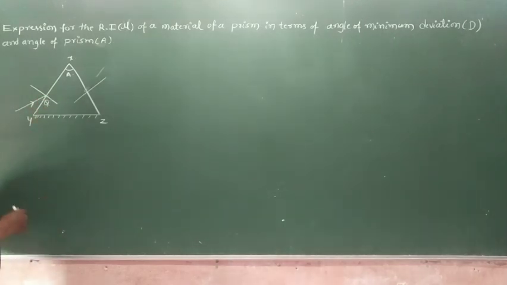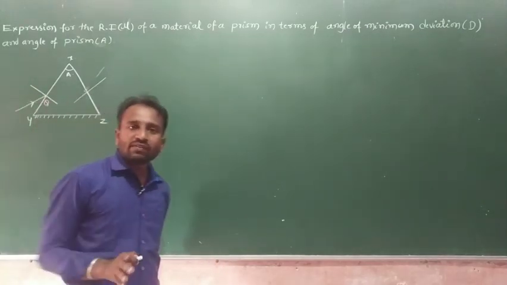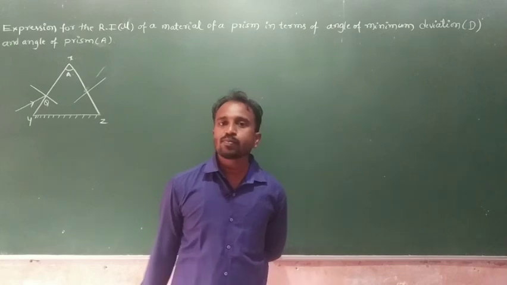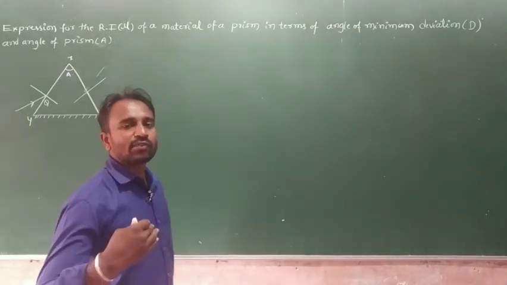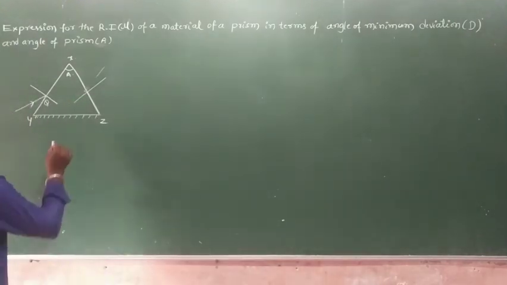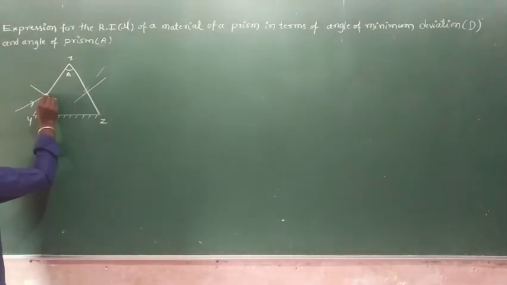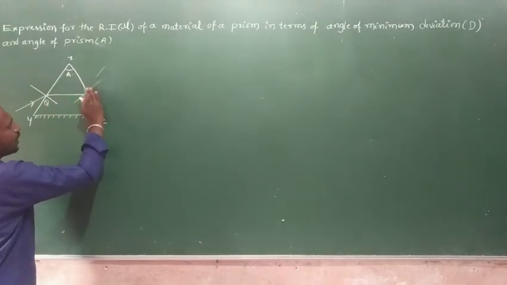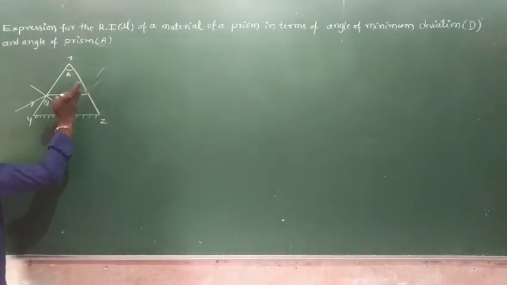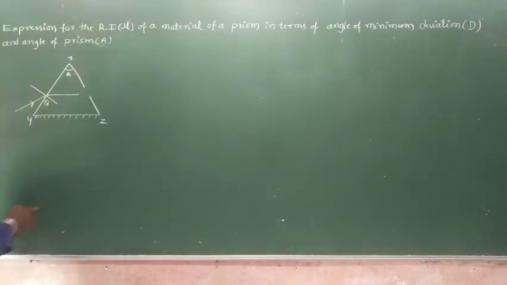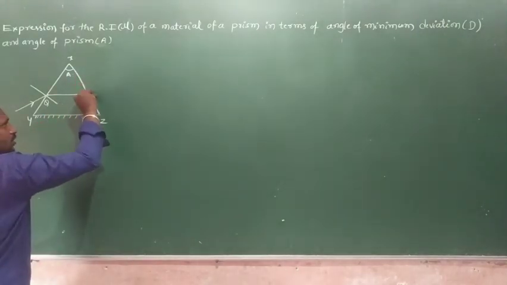This light ray changes its direction because whenever light travels from a rarer medium to a denser medium, the path of light changes. From one medium to another, the path of light changes. So here also the path of light changes; it undergoes refraction, meaning the direction of the light ray changes.